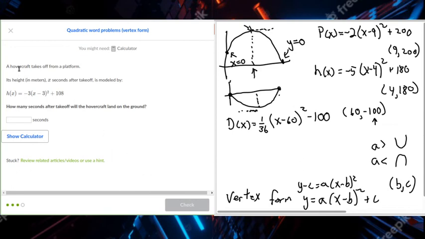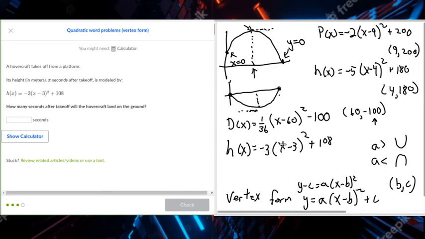All right, and we have one more. A hovercraft takes off from a platform. Its height in meters, x seconds after takeoff, is modeled by, and it's a hovercraft, so it's probably going to look like this. Our last one is height. H of x equals negative 3 times (x minus 3) squared plus 108.